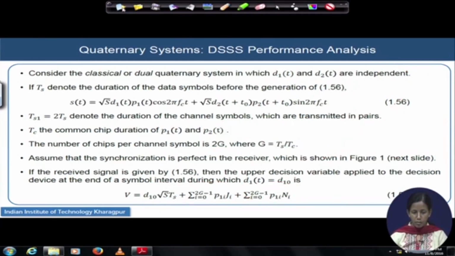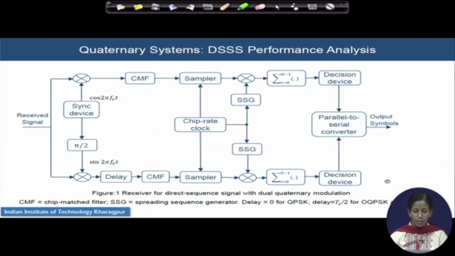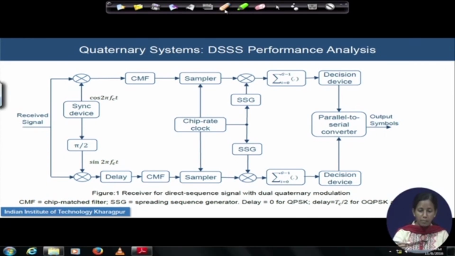Let us first look into the receiver architecture. We are familiar with the matched filter based coherent PSK receiver architecture, where single carrier transmission was going on. We have seen that the input signal to the receiver was r(t), and it was then synced by the sync device.